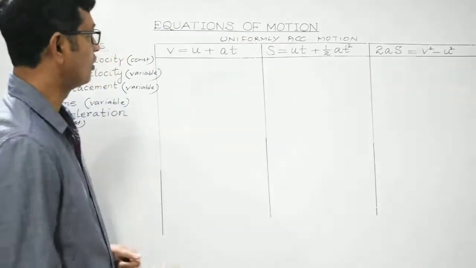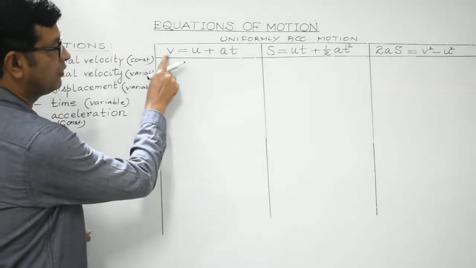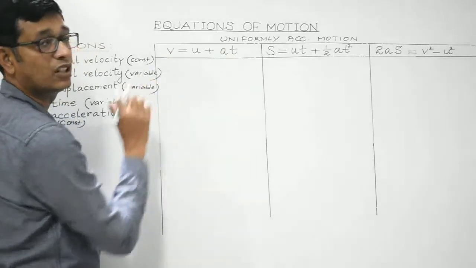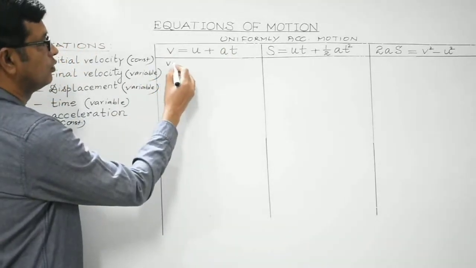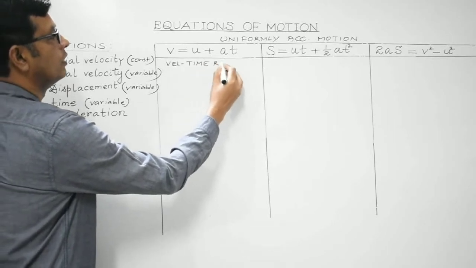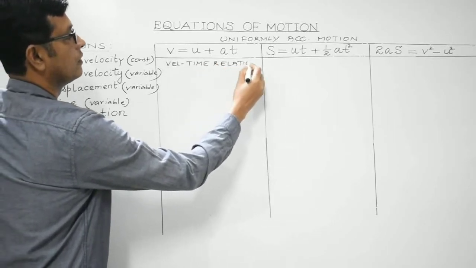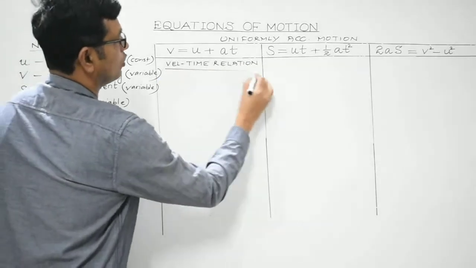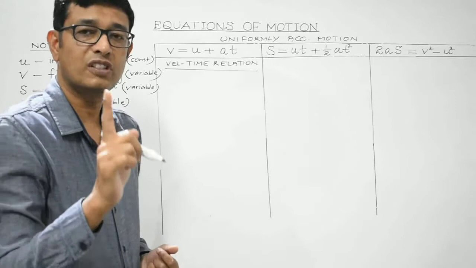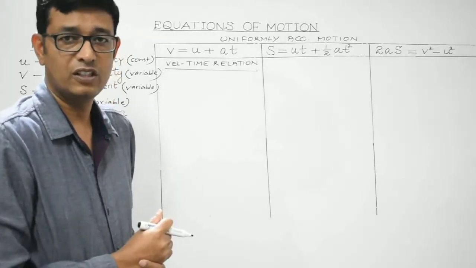Now look, over here, V is variable and t is variable. So it is known as the velocity-time relationship. So the first equation of motion, that is v equals u plus at, is known as the velocity-time relationship. Clear?